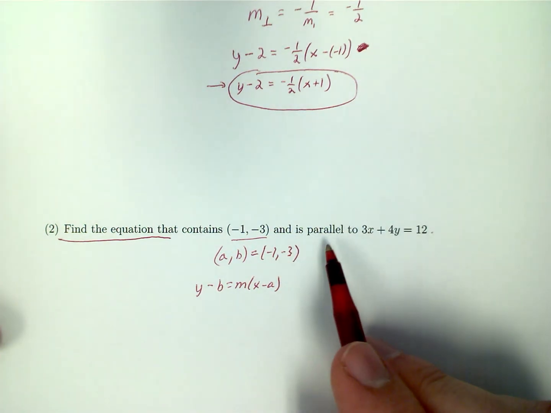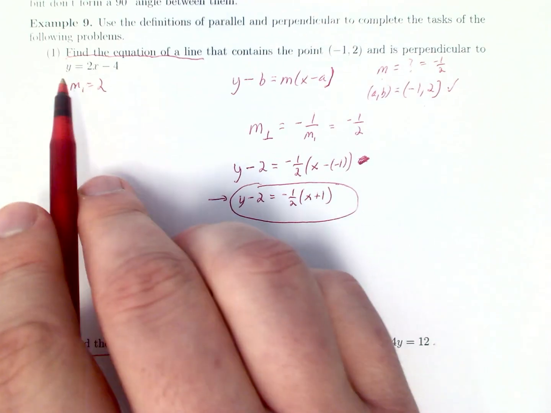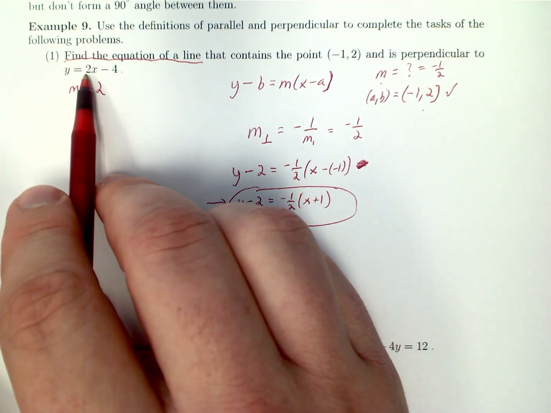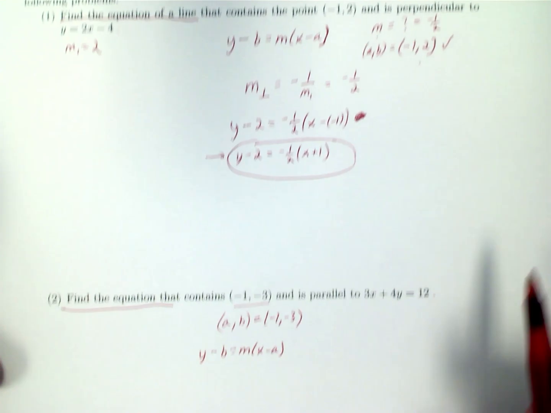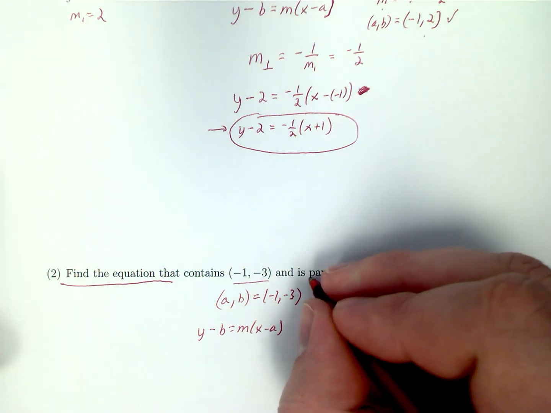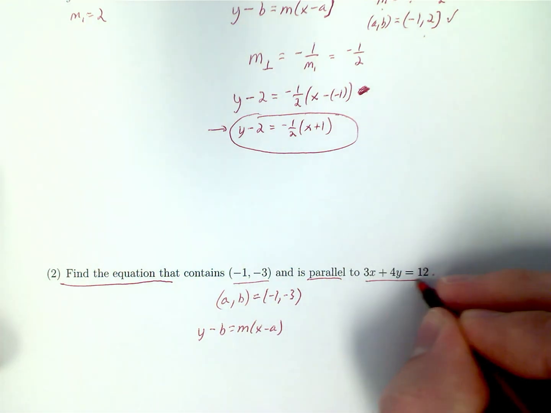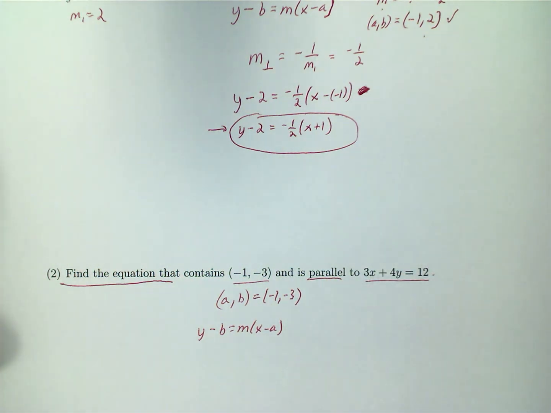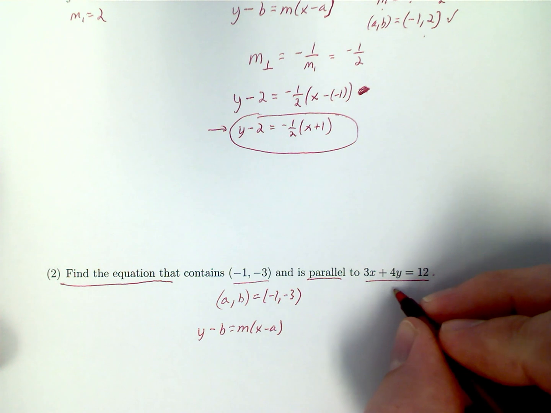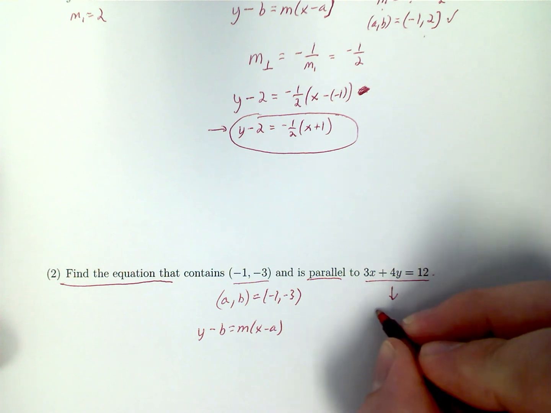But now, the line before was given in slope-intercept form, where we readily had access to the slope. Here it's parallel, and we're not given a nice form of an equation of a line. We're given 3x plus 4y equals 12. So let's solve for y.